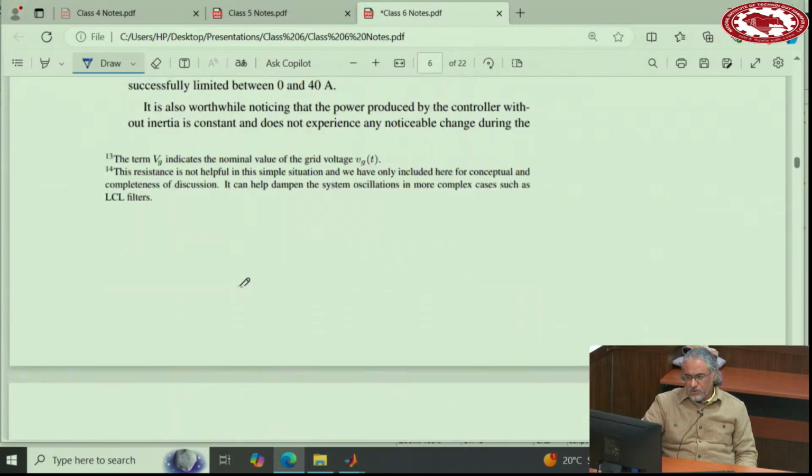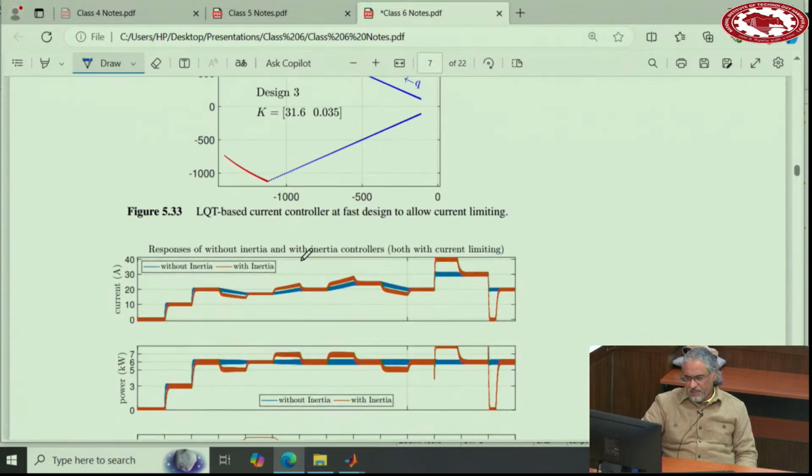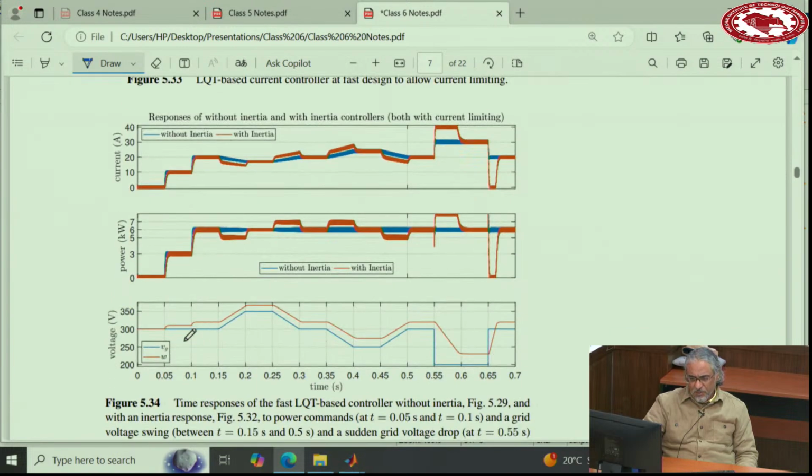Okay, so this is the design. We already had it, no problem. And now look at the response, with inertia and without inertia. Without inertia is the one without this newly added capacitor. And with inertia means with this newly added capacitor. And then you see, when the grid voltage starts going up in this region, the converter absorbs energy.